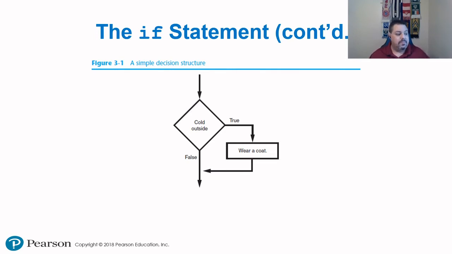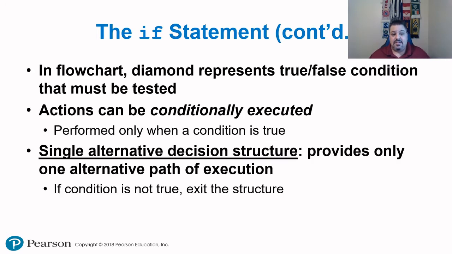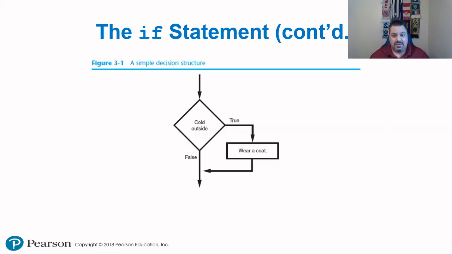But as you can see, when the condition goes through as true, it exits out of the linear path that it was in, executes another statement, and then goes on. Now, to say that a single alternative decision has one statement is not necessarily true.